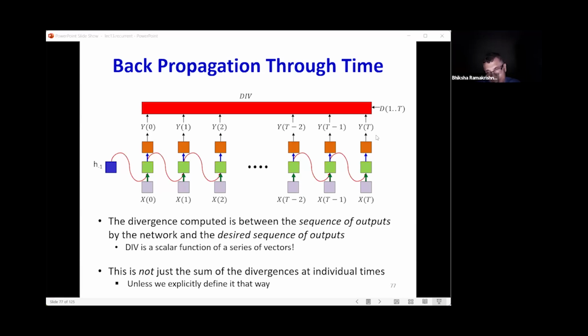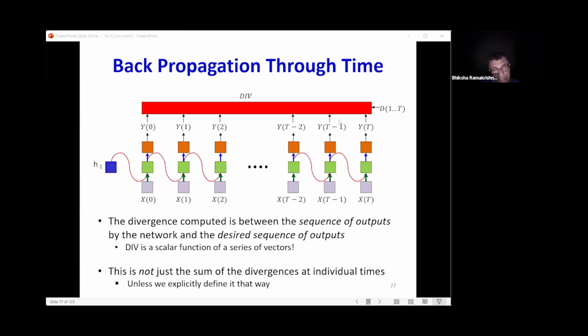So basically, you have to agree that this is just a divergence between 2 sequences, and in the abstract, we cannot make a one-to-one correspondence between the actual and desired outputs. And so it's really hard to decompose most divergences into the sums of divergences at individual times.